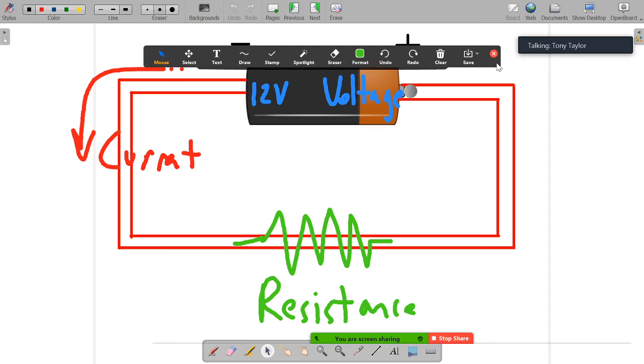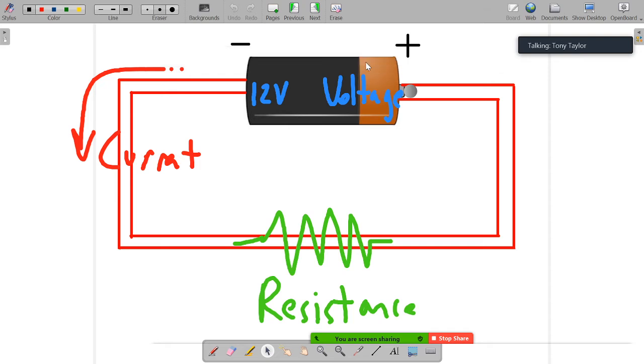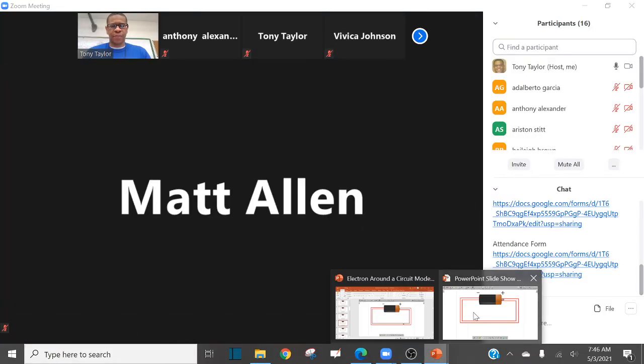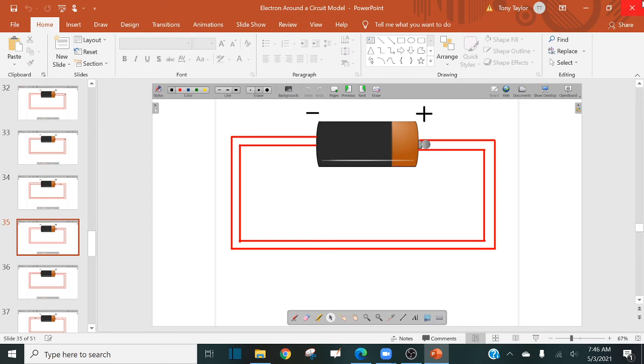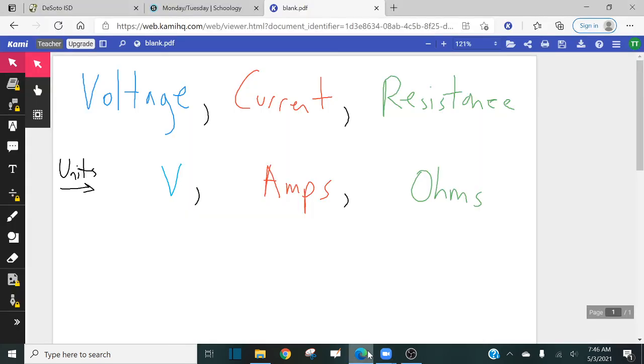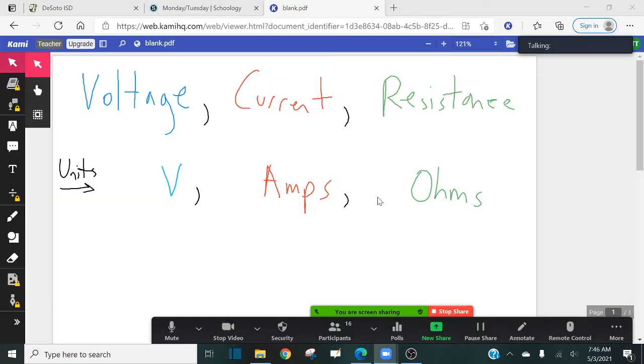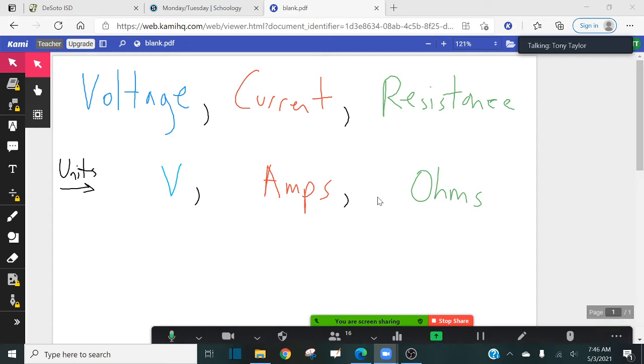Okay, now with that said, guys, all of these terms can be related to each other using a very simple equation. And let me write down what that equation is. The equation that relates all these terms is what is known as Ohm's law.